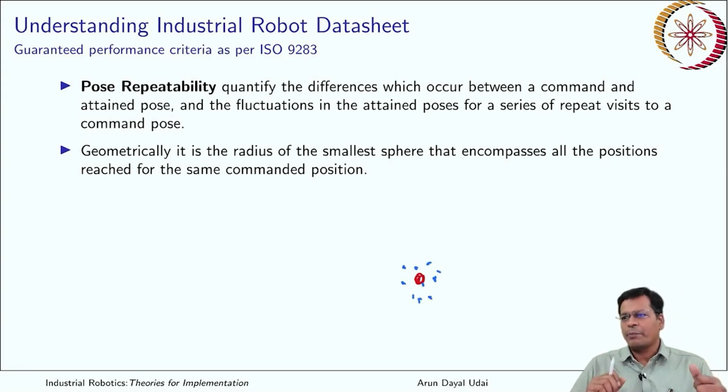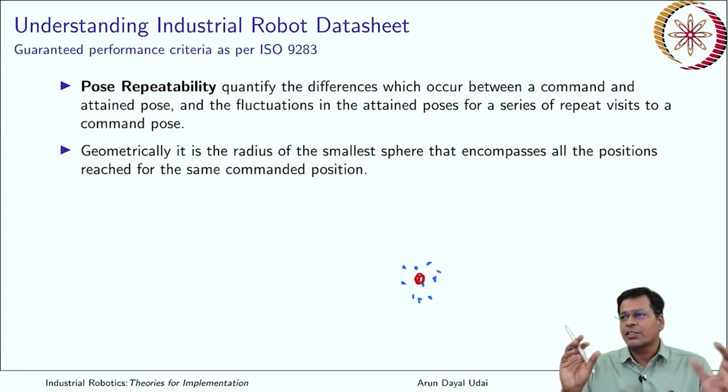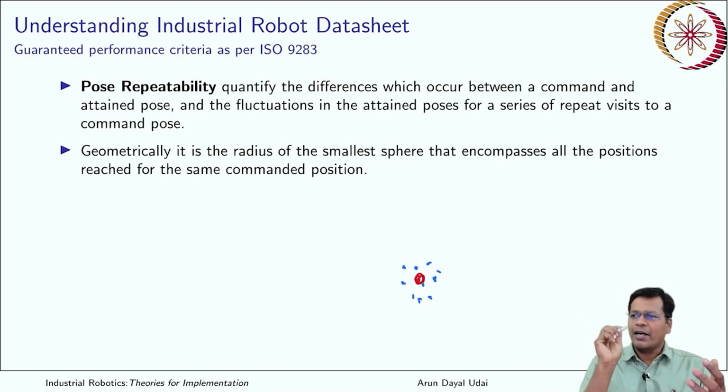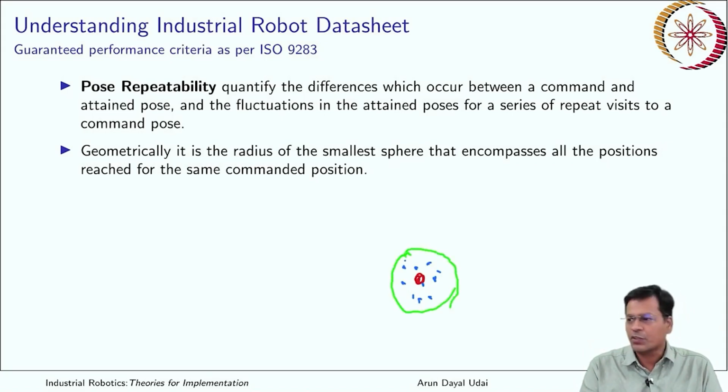So this ISO standard basically defines the radius of the smallest sphere that encompasses all the positions reached for the same commanded position. I have commanded it to go to, let's say, this red one, but it is going to the blue ones, and this is the final circle. Sorry, if it is in 3 dimensions, it has to be a sphere. So this is the sphere that contains all the deviated points.